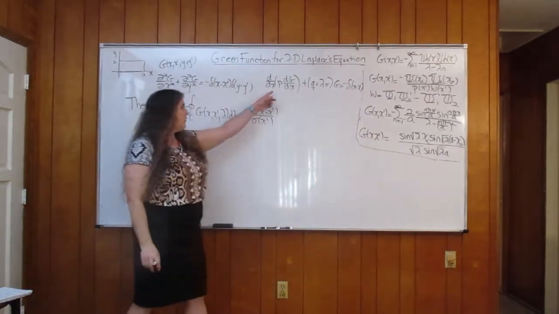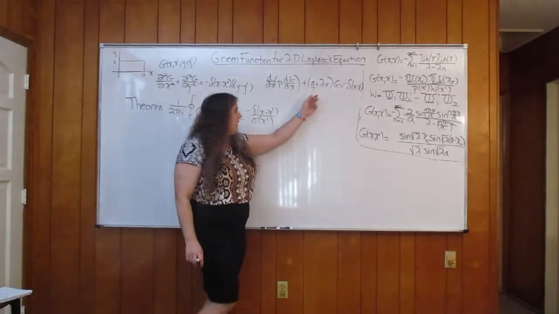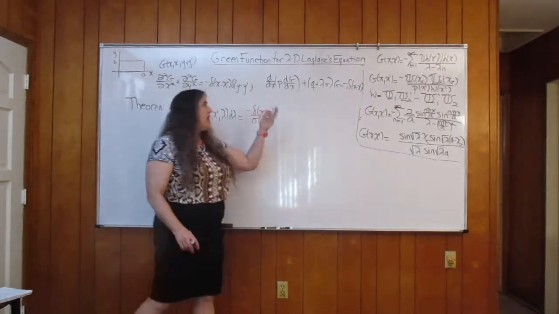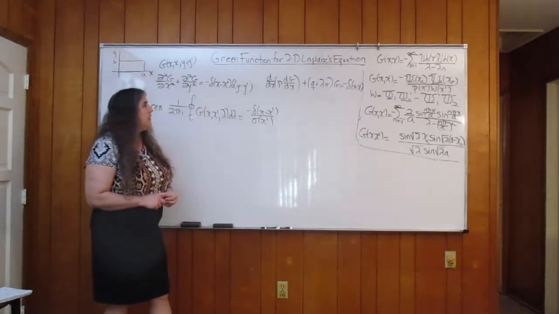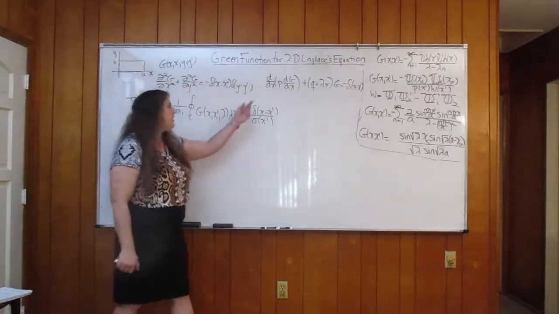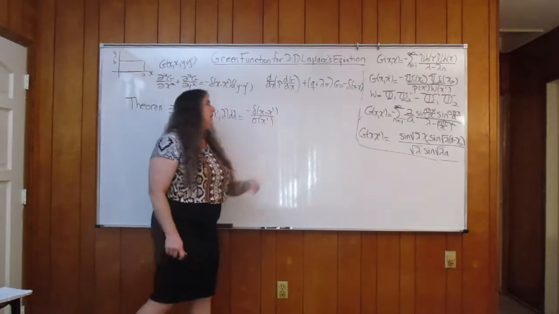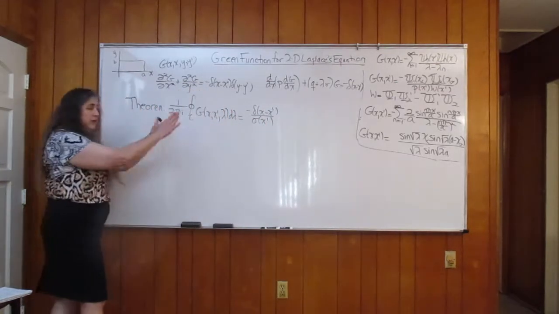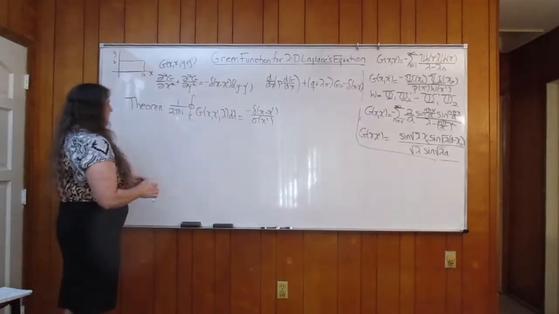And remember, this is a function of x, this is a function of x, sigma is a function of x, lambda is a constant, and when we apply this to Laplace's equation, p is equal to 1, q is equal to 0, and sigma is equal to 1 as well. But I'm just leaving it more general here for this particular theorem.